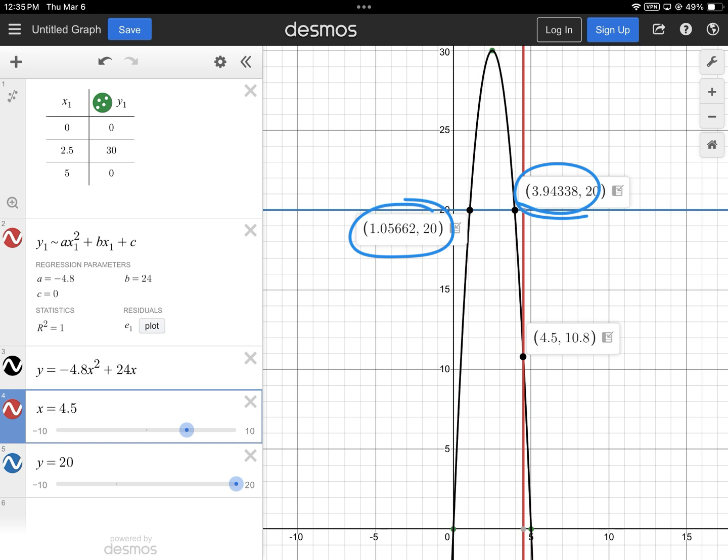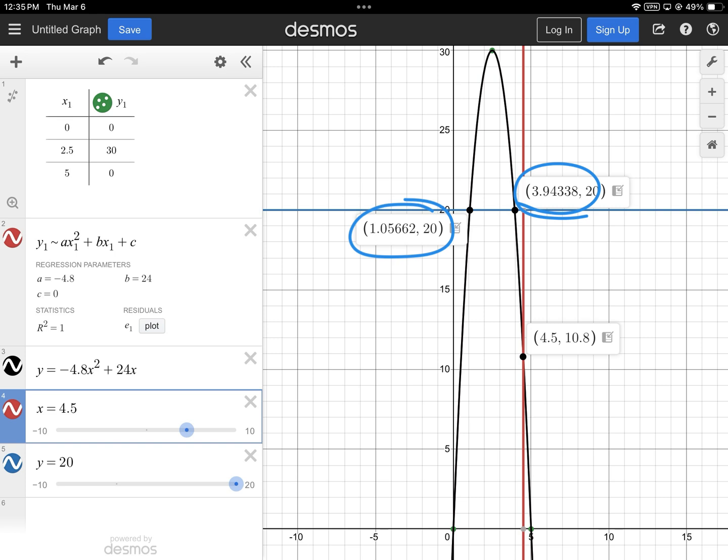That is when the ball is at 20 feet high. Why are there two of these points? Yeah, what goes up must come down. So at two different times, on the way up, it was at 20 feet high. And on the way down, it was also at 20 feet high.